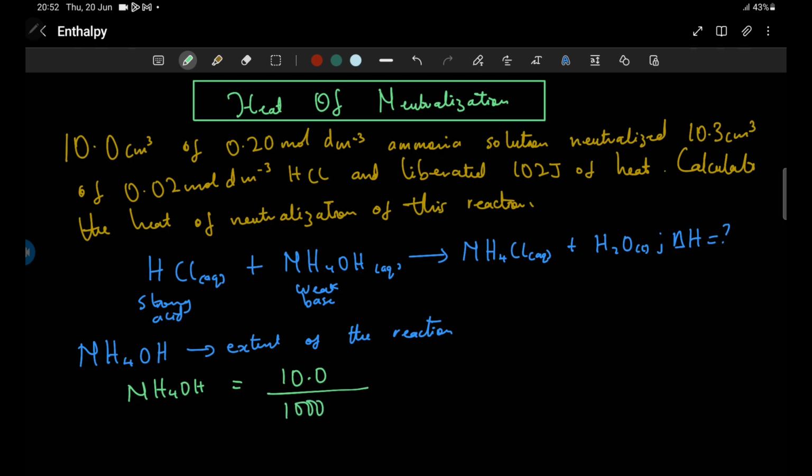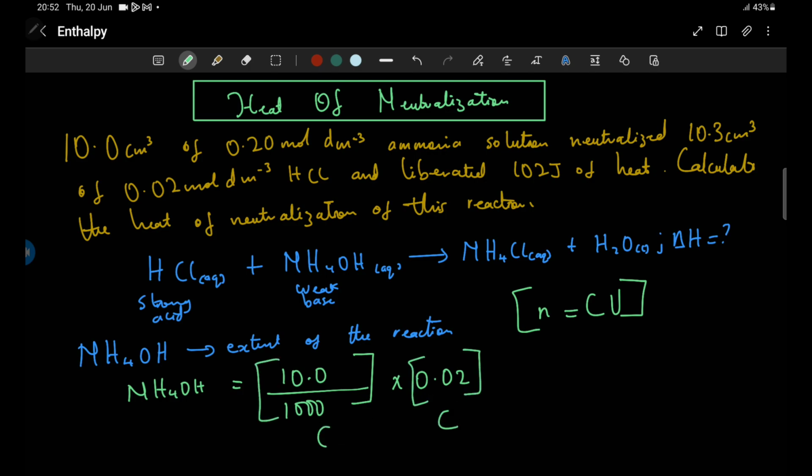That's we've converted it to volume. Times the concentration, 0.2. Remember, number of moles is concentration times volume. So if you're wondering where that equation comes from, this is volume and this is concentration. So this is 0.002 moles.